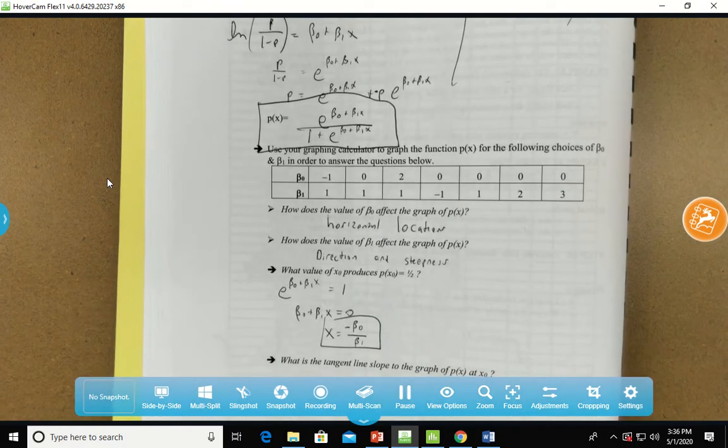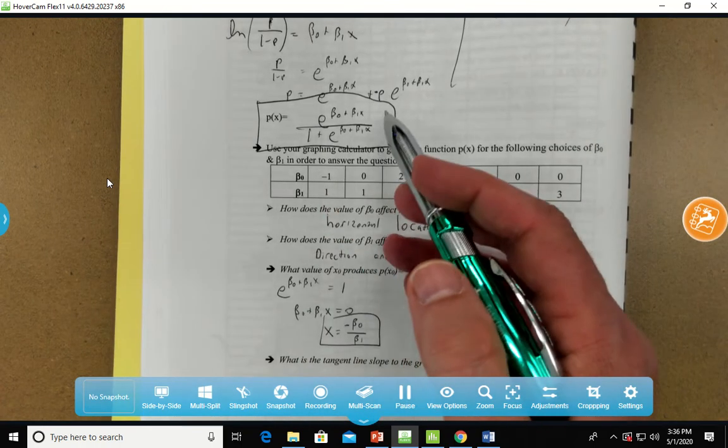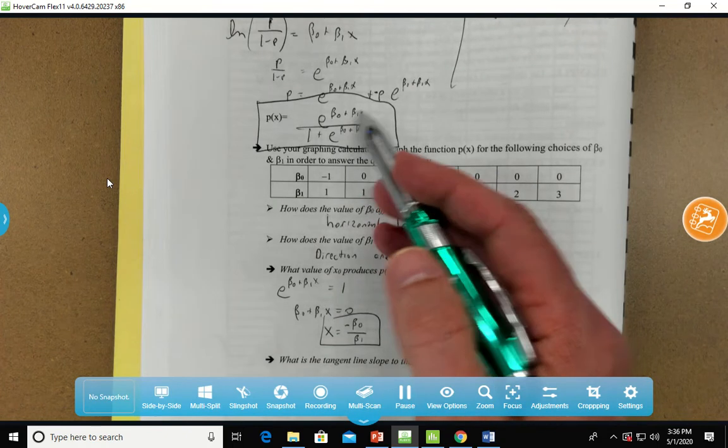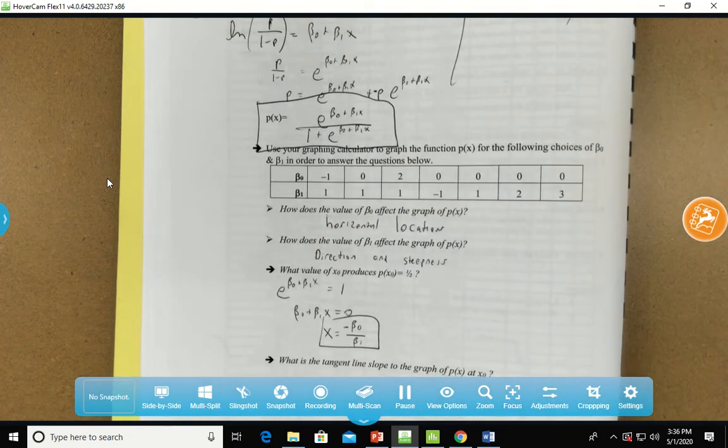And so that's a key value. If you plug this into this expression, beta 1 cancels off, you get minus beta naught plus beta naught, e to the 0 is 1, 1 plus 1 is 2, so you get 1/2.